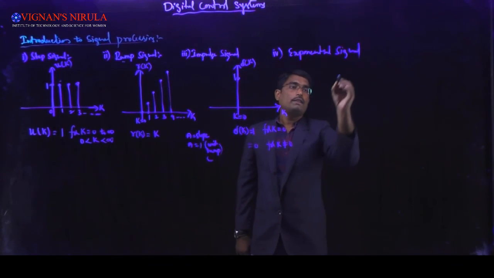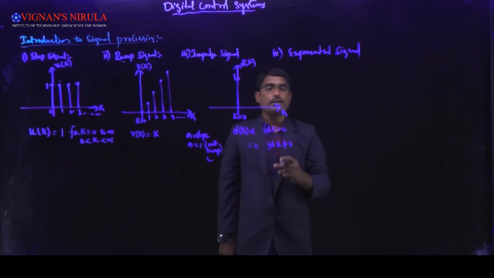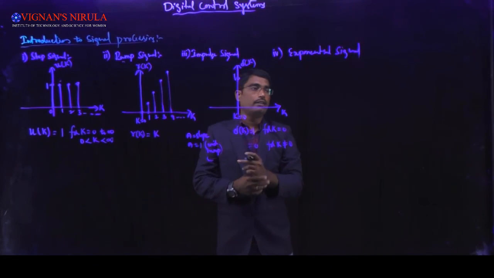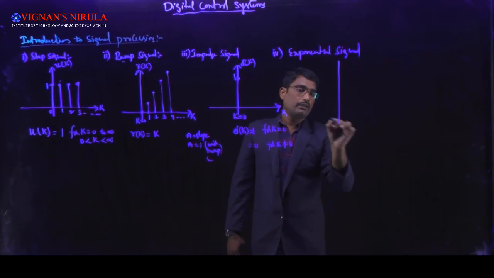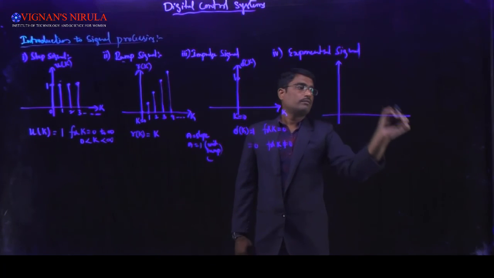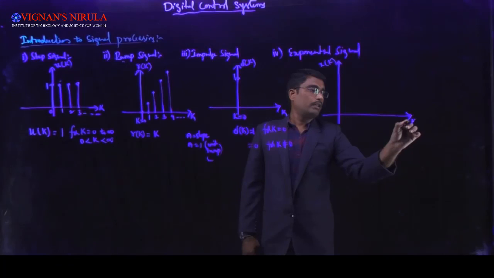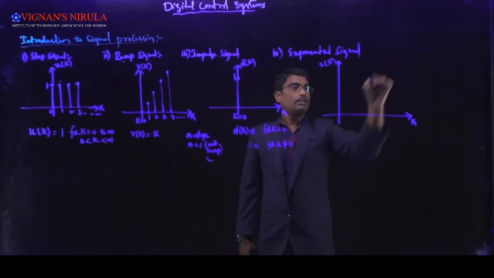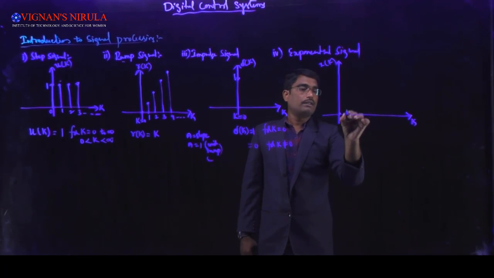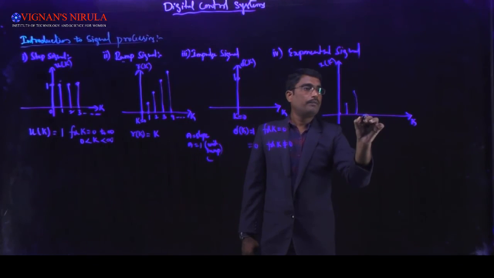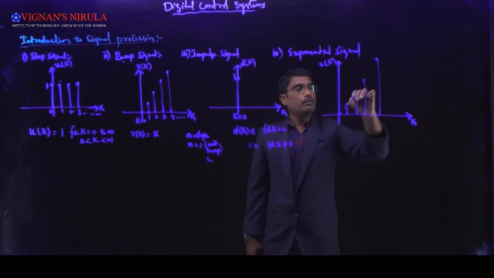Next, for the exponential signal we will have two variations, exponentially rising and exponentially decaying. Let us take exponentially rising, x of k. Exponentially rising means it will be like this.